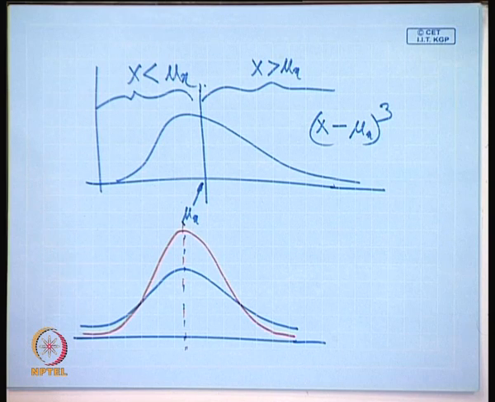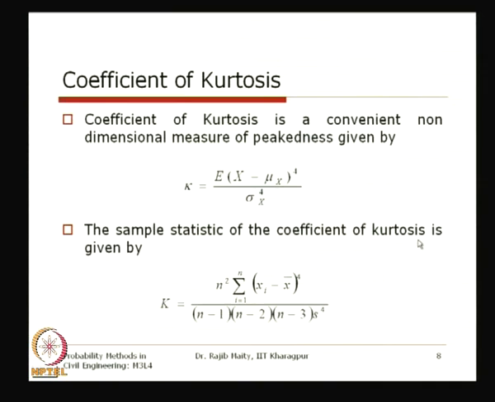Okay. So this measure of peakedness has a sample statistic of kurtosis. Again, the sample estimate of this coefficient of kurtosis is expressed in terms of this: each and every individual observation's distance from the mean is taken to power 4, summed up for all the observations, and divided by the fourth power of the standard deviation, with a normalizing constant to make this estimate unbiased and consistent.